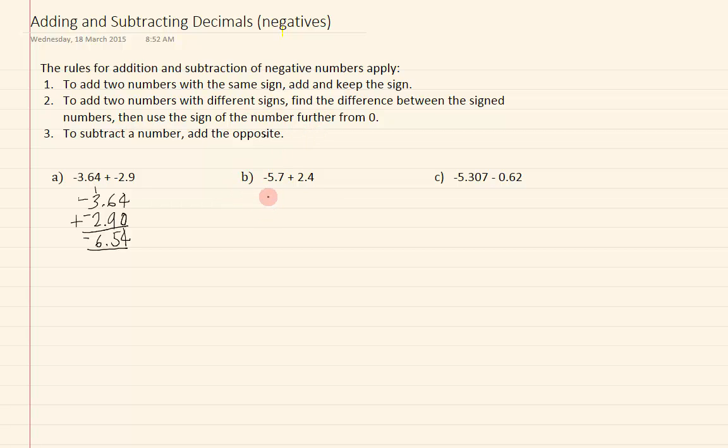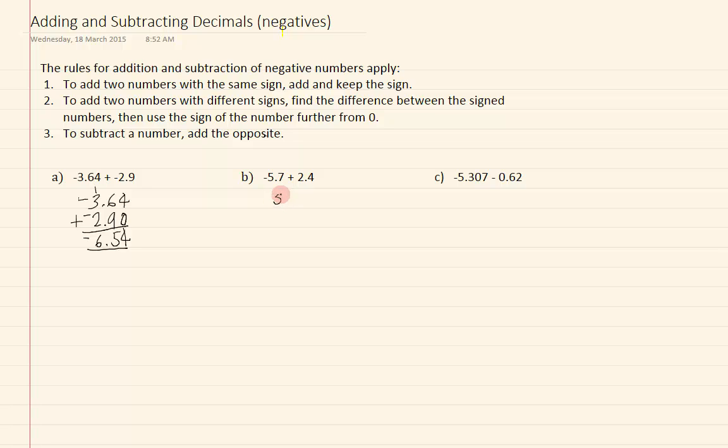So we've got our example, negative 5.7 plus, and it's going to be a positive. We don't put in the positive sign, positive 2.4. Okay, so we've got 2 numbers with different signs. So what this rule is saying, to add 2 numbers with different signs, find the difference between the sign numbers. Okay, so we ignore the negative and ignore the positive to start with, and we just find the difference between the 2 numbers.